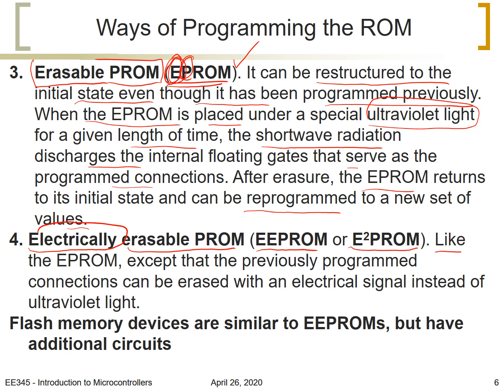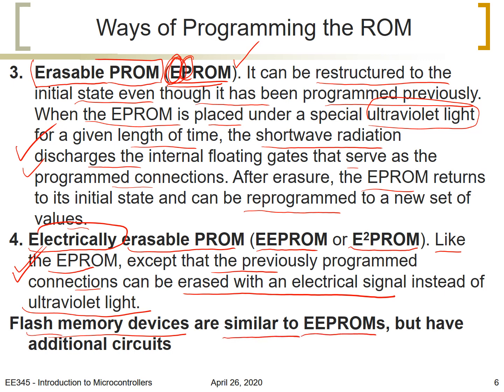It is like the EPROM, except that the previously programmed connections can be erased with an electrical signal instead of the ultraviolet light. So these two are erasable, one by light and one by electricity. The flash memory devices that we use often, very popular now, are similar to EEPROMs, but they have additional circuits so that they can be used many times.